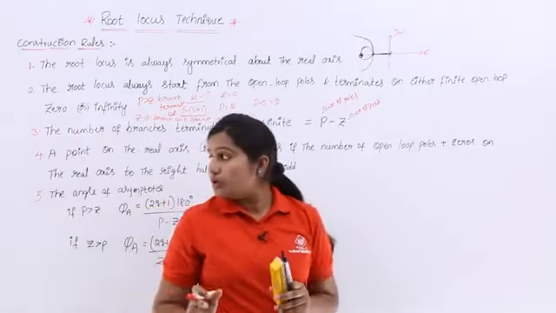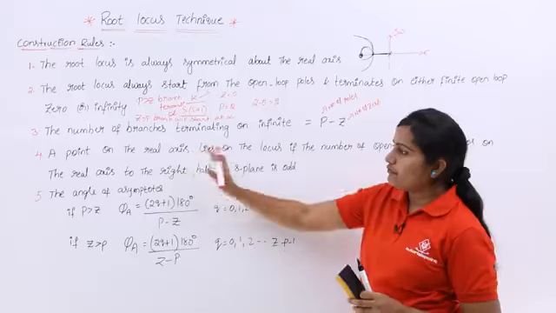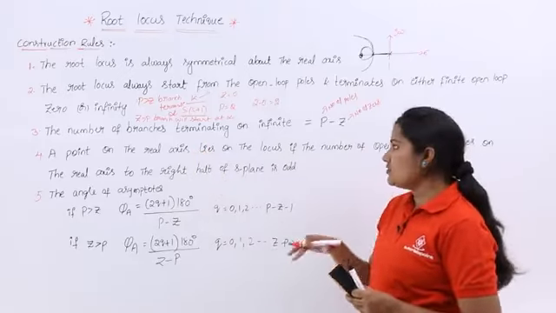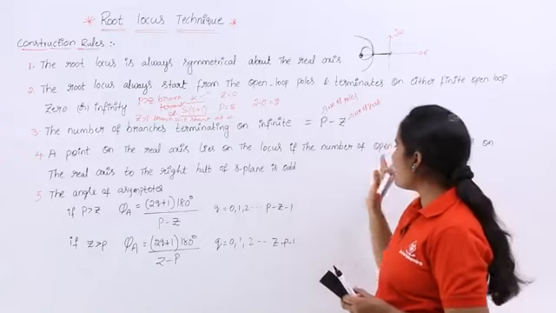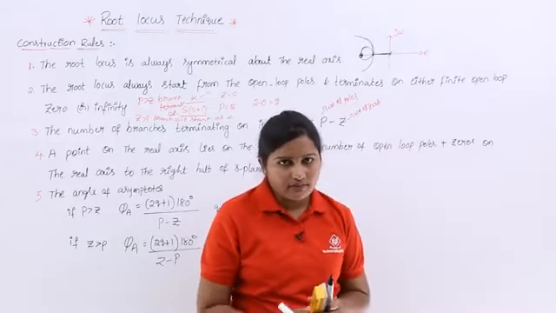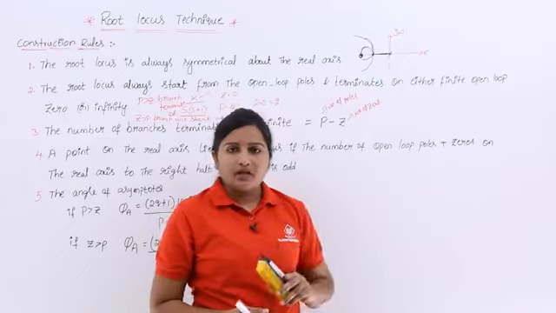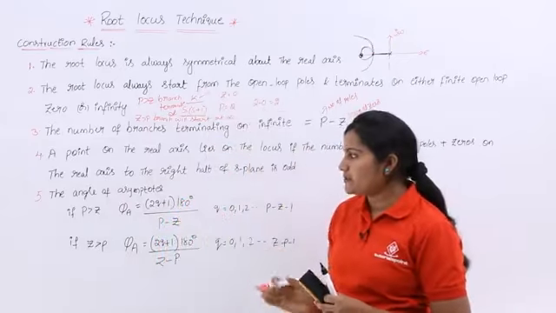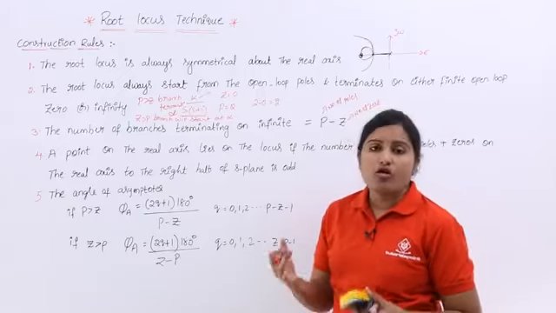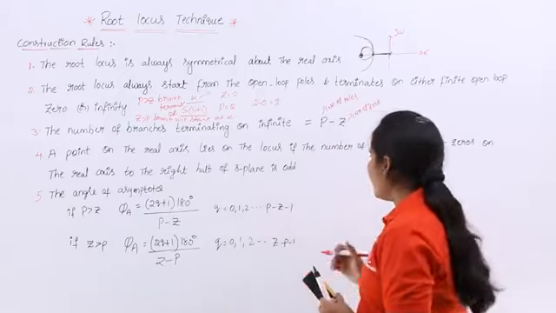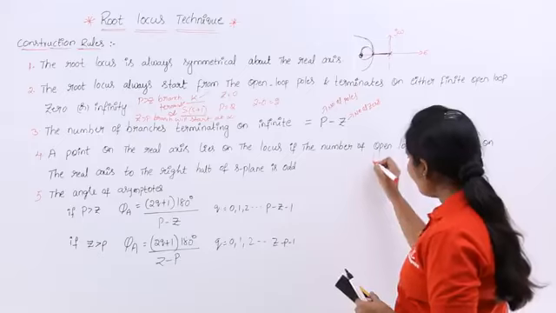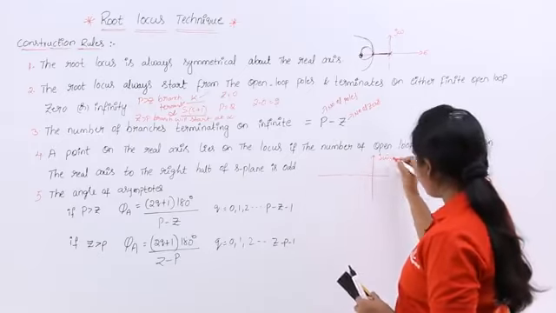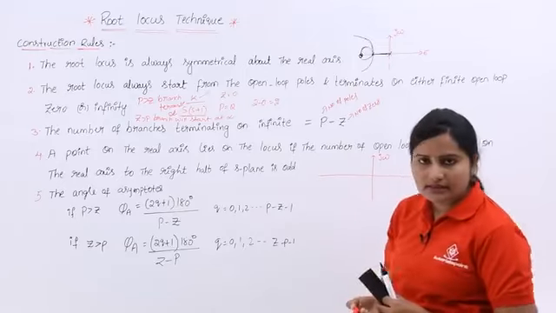Now coming to the very important fourth point: a point on the real axis lies on the root locus if the number of open loop poles plus the number of open loop zeros on the right side of the S plane is odd. For example, you have your S plane like this, the j omega axis and this real axis.